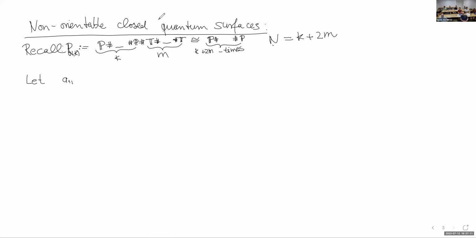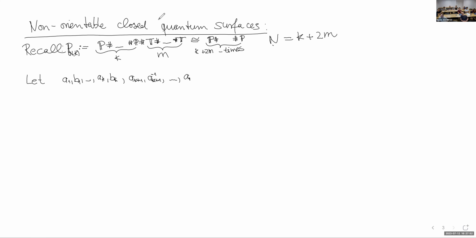So for the first ones, we start with arcs in the same orientation, A1 through Ak. And then I start with A_{k+1} and inverses. Inverse means inverse orientation. And we stop. Now I can use my capital N.